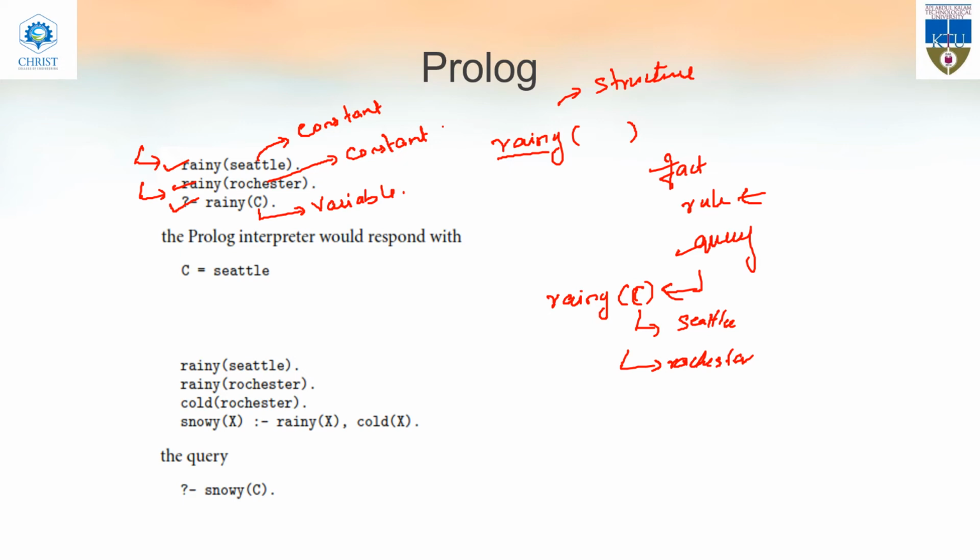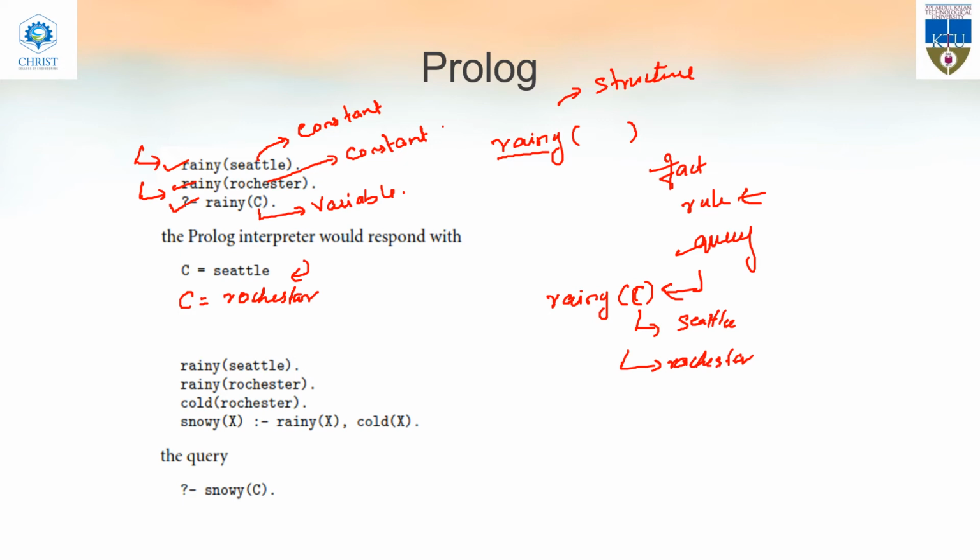So if I write a query like rainy of C and press enter, I will get C equal to Seattle, a condition in which rainy of C will be true. And if I press enter again, you will get another answer, C equal to Rockstar, just because even if C equals Rockstar, the value of rainy is true.